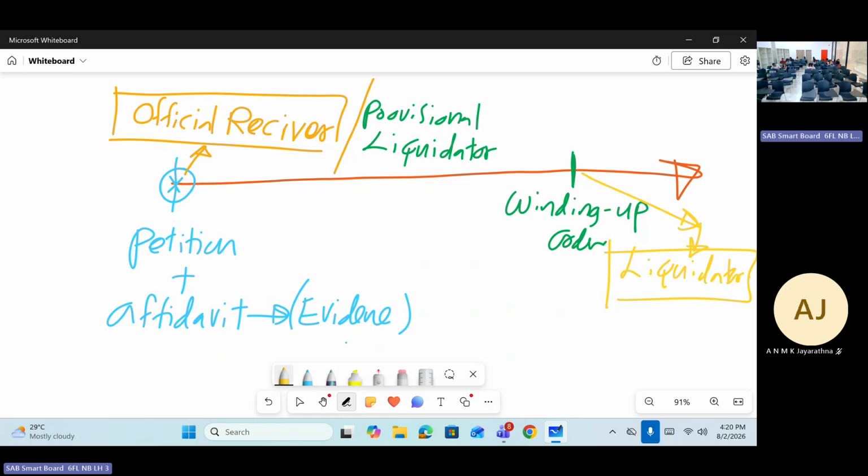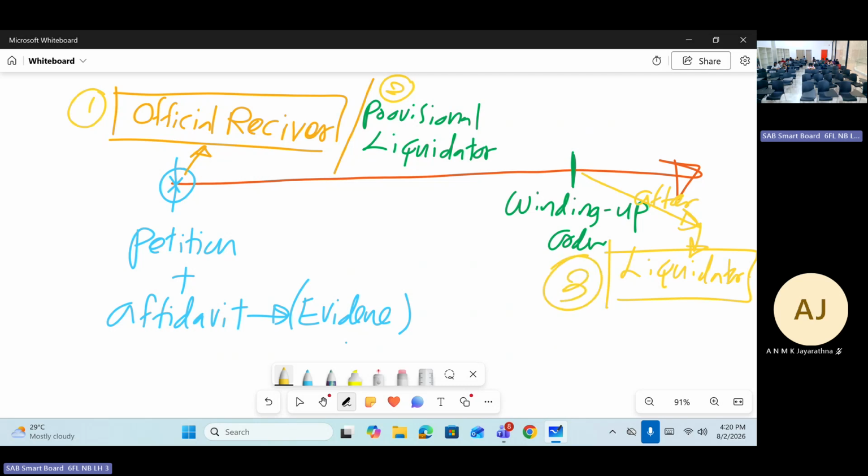So three parties we can identify: official receiver, provisional liquidator, and the same party will be appointed as the provisional liquidator. And finally, after the winding up order, liquidator is appointed.